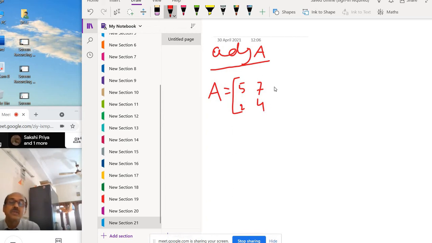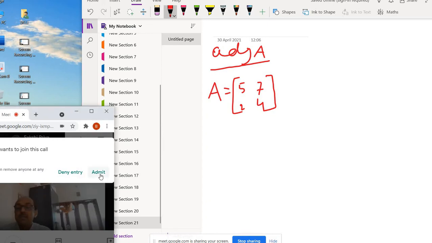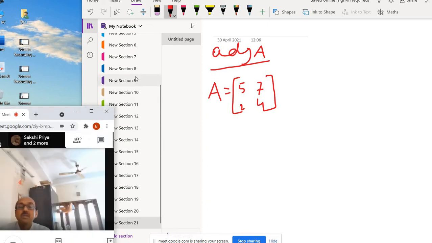A 2 into 2 order matrix. So, find its adjoint. At first, we have to find the cofactors of all the elements.